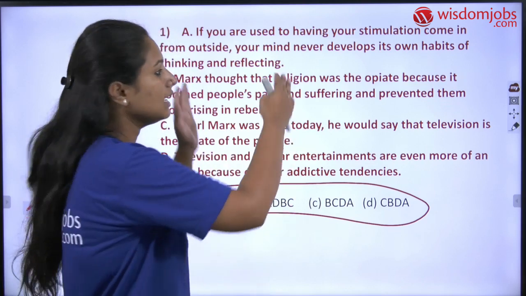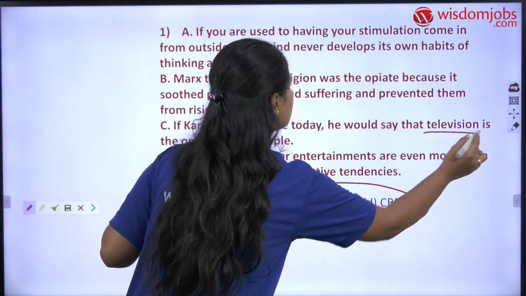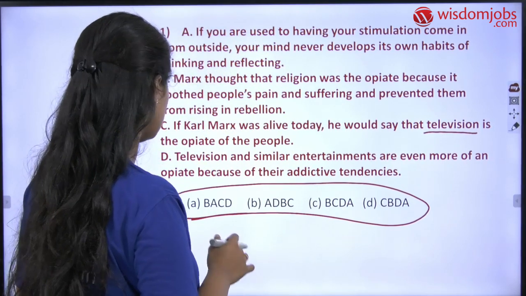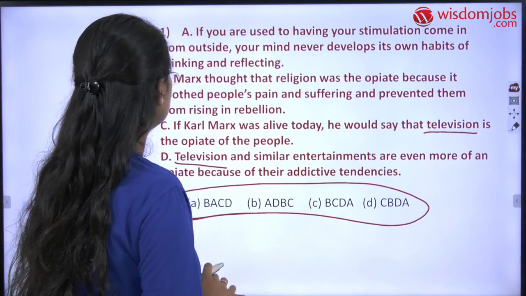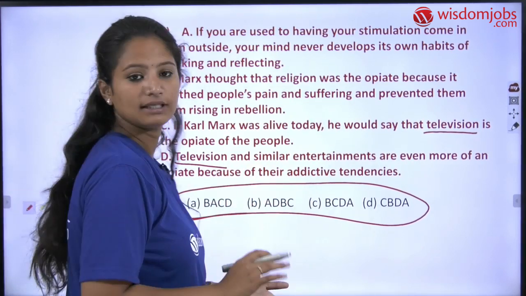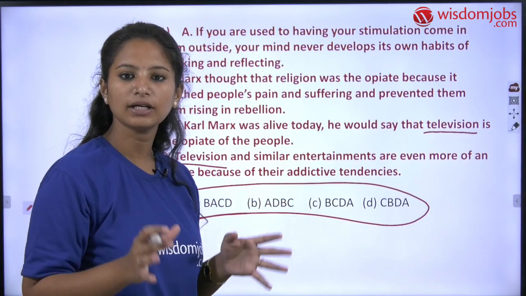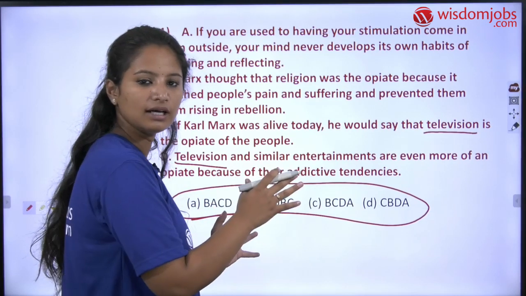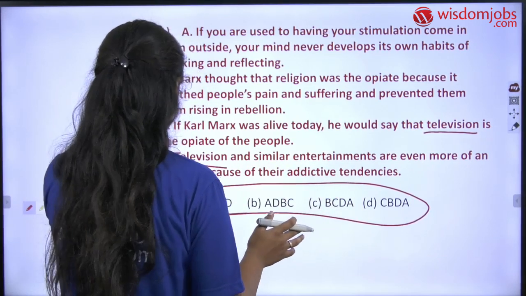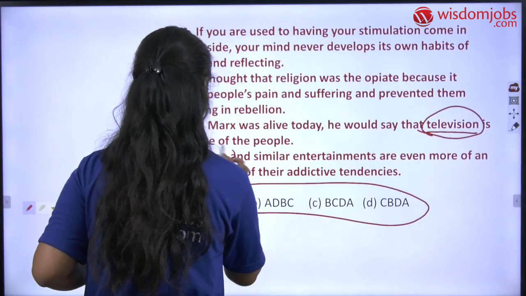Because in the whole sentences, you can see that television is the word which is repeated again and again. Like, see, television, television. So, these words are repeated. That means this paragraph basically wants to tell you about an idea or a theme which is completely dependent on the word television. Television is the word which is the main idea or theme.